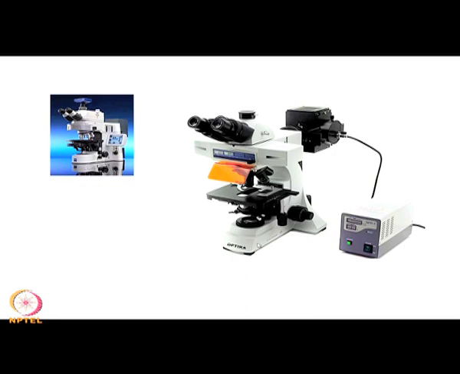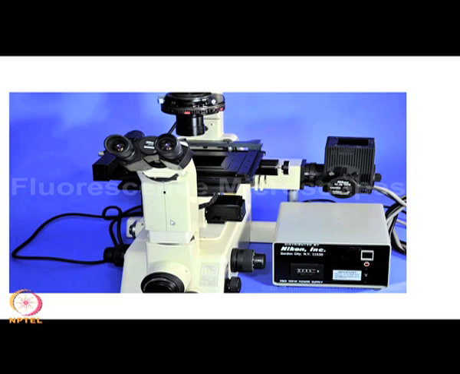This is an inverted microscope from Optika. Okay, and this is not inverted, because you see that your objectives are over here. So this is not inverted, it is a regular one. Then this is a Nikon.